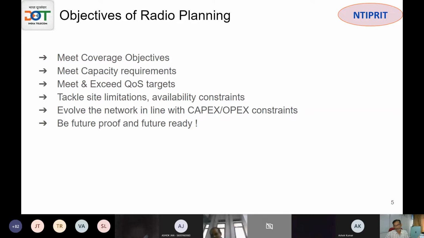Then site limitations. You may like to take a site in a particular location, but if the owner refuses, what will you do? And where the owner is ready, maybe only a particular tower is feasible. So the site itself will give you many challenges, availability constraints, etc. And of course, OPEX and being future proof, I have already discussed.